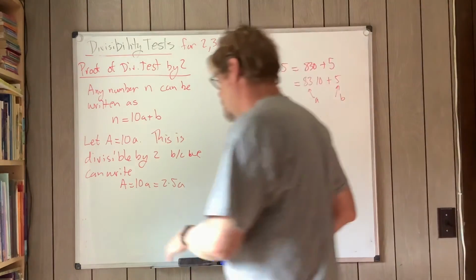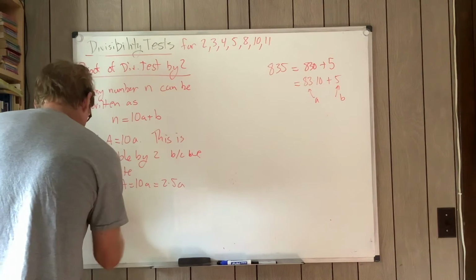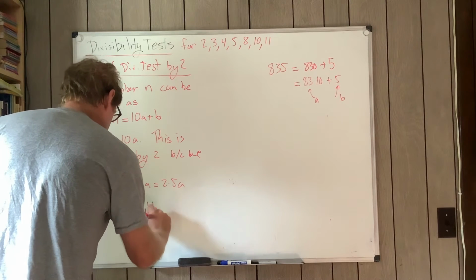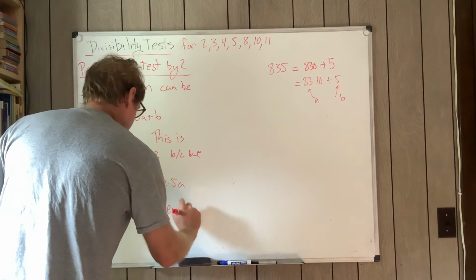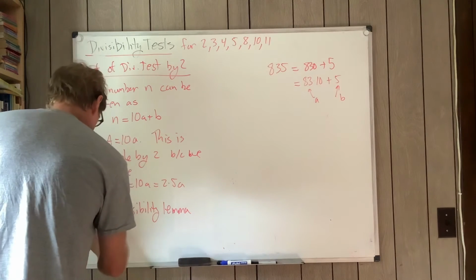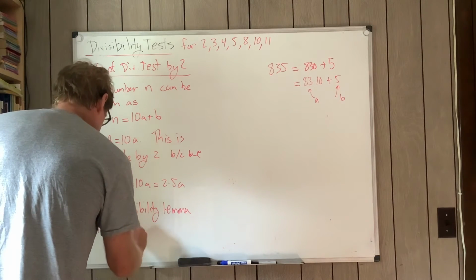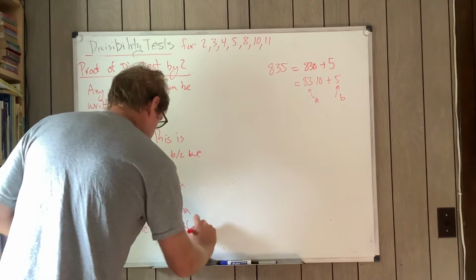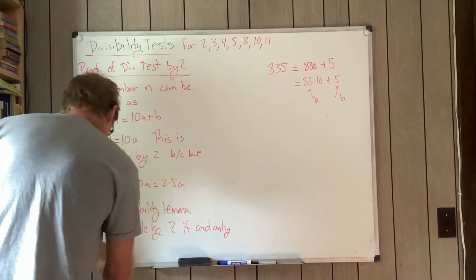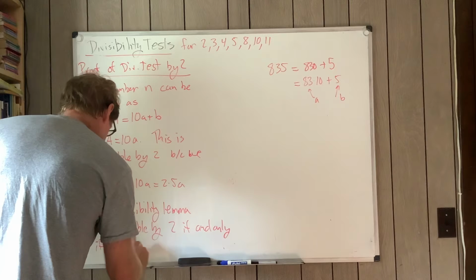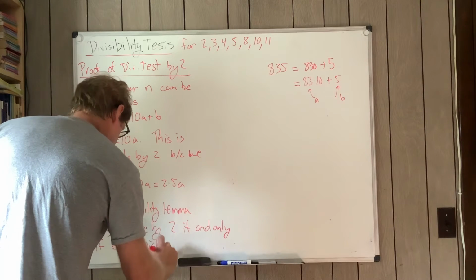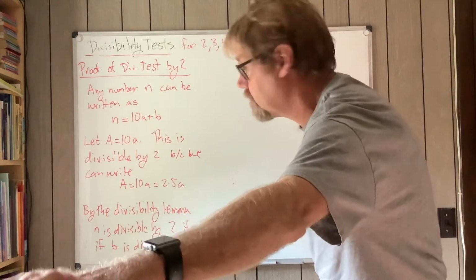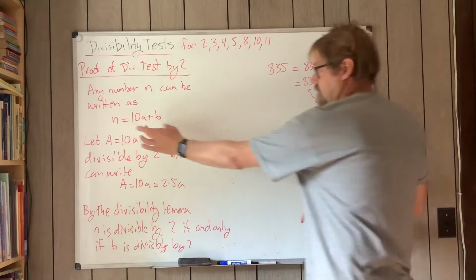So by the divisibility lemma, n is divisible by 2 if and only if B is divisible by 2. Right? Okay, so the big thing about this is I've broken this up into two pieces.